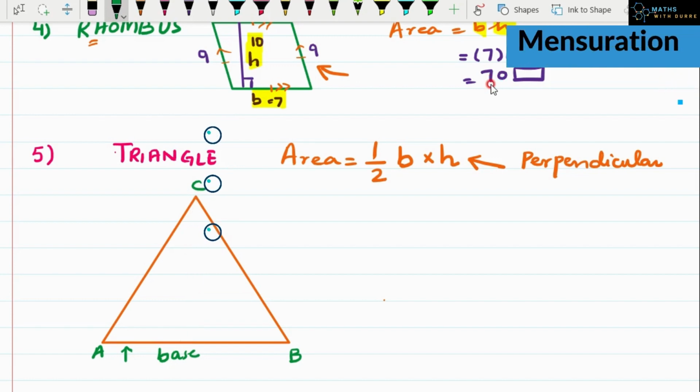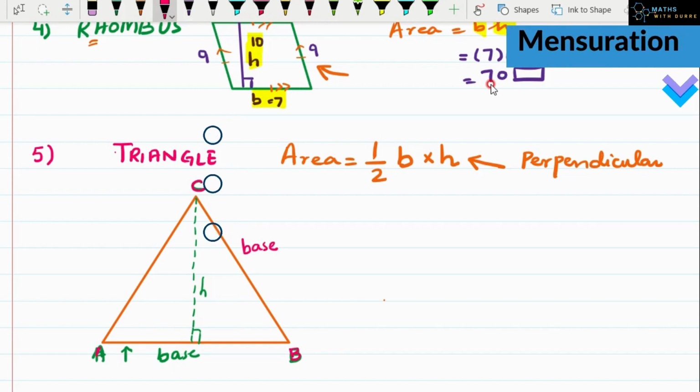If the base is AB, then from the third point there should be a height. So the height of this base will be this, which is coming from the point C. If I say that CB is the base, where is the third point?